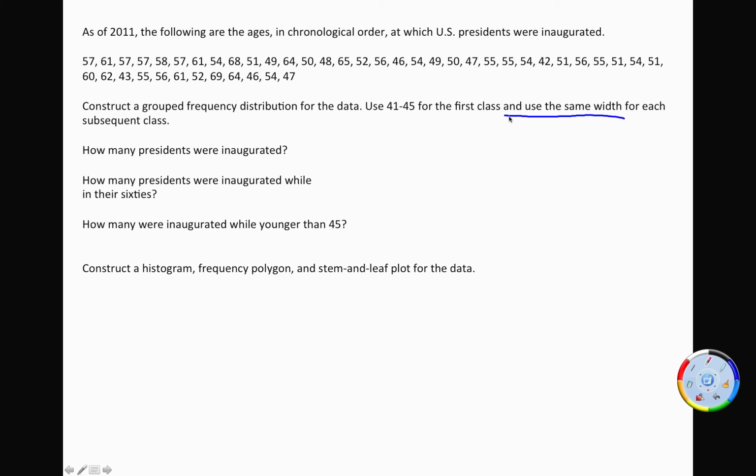So if I'm making a group frequency distribution, okay, and frequency is always the second column. This would be ages.